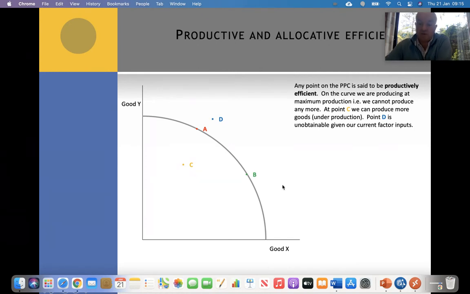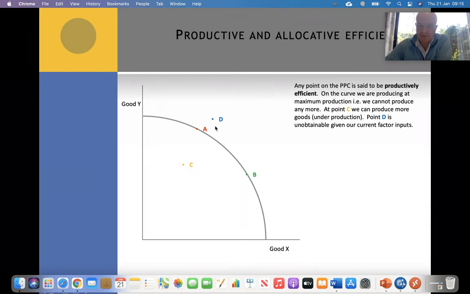But we can also see in a situation here where if we were producing at C, then we are basically underproducing, because based on the resources that we've got available, we could be producing at a higher level either good Y or good X. So that would be a point at which we're underproducing and we're being productively inefficient in a sense.